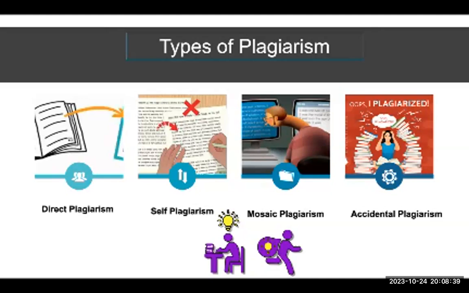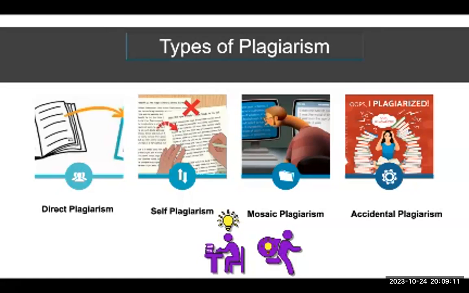The next one is mosaic plagiarism. This one occurs when a student borrows phrases from a source without using quotation marks, or finds synonyms for the author's language while keeping the same general structure and meaning of the original, sometimes called patch writing. This kind of paraphrasing, whether intentional or not, is academically dishonest and punishable, even if you footnote your sources.